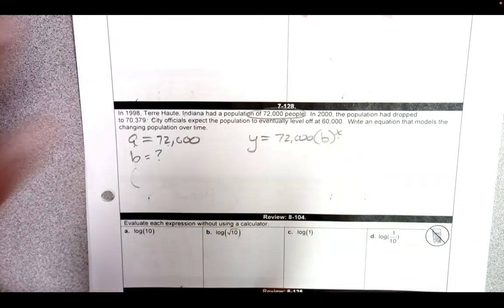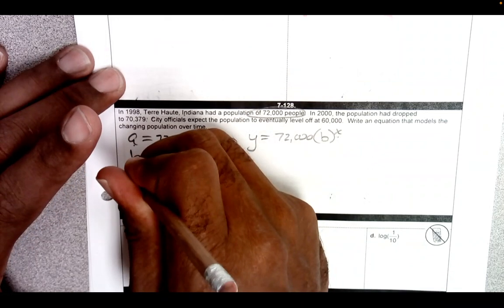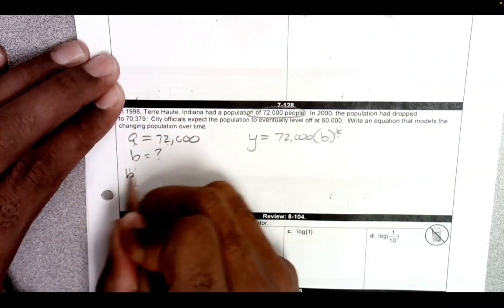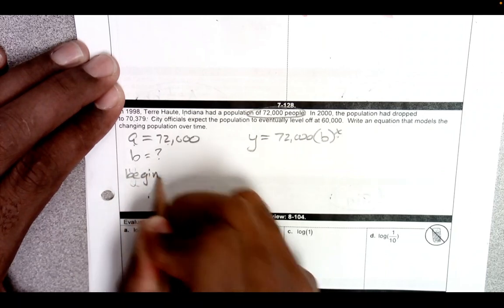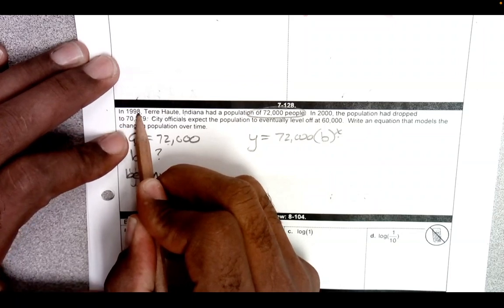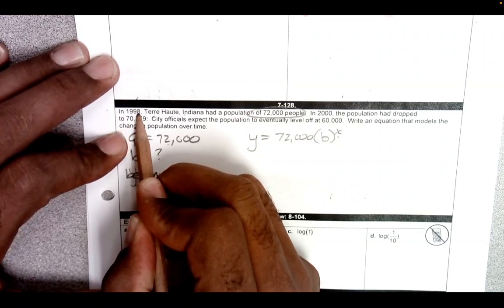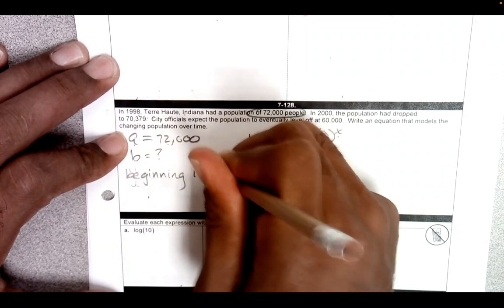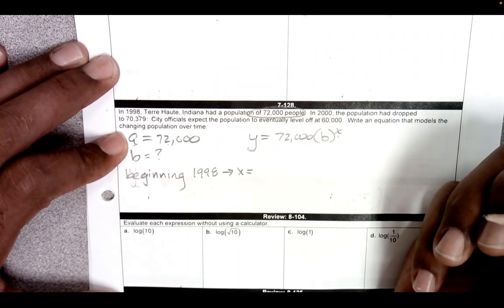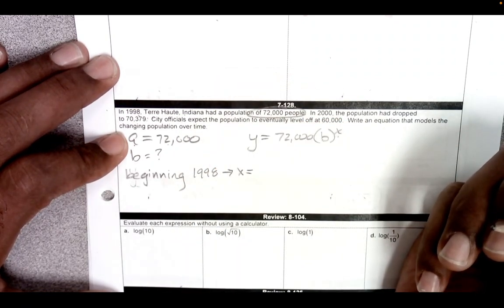Okay, now here's the deal. In year one, the beginning is 1998, but I'm not going to plug in 1998. The X value is going to be what? If that's the beginning, X equals what for 98?